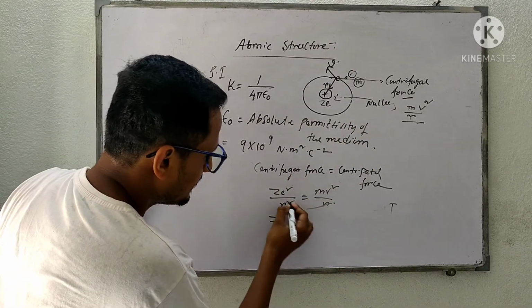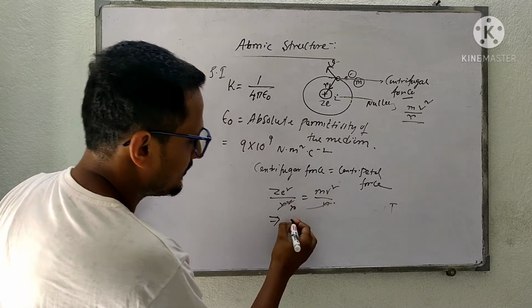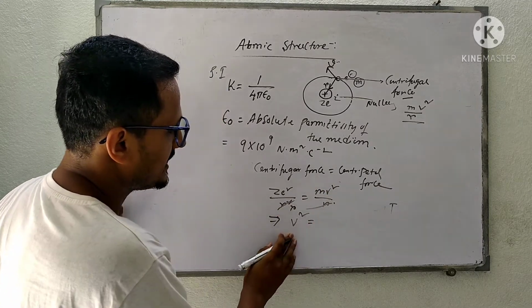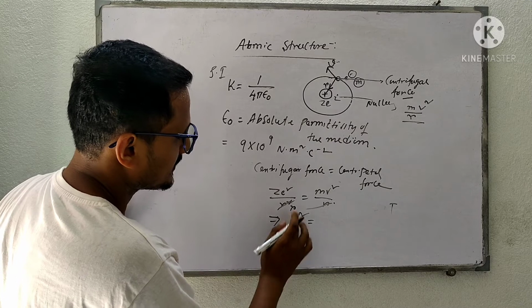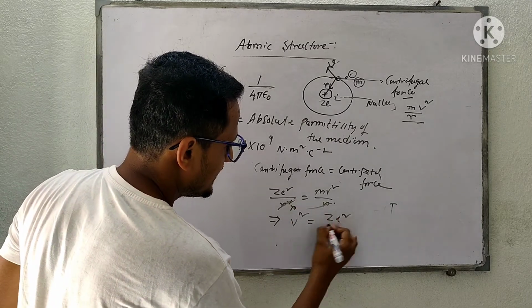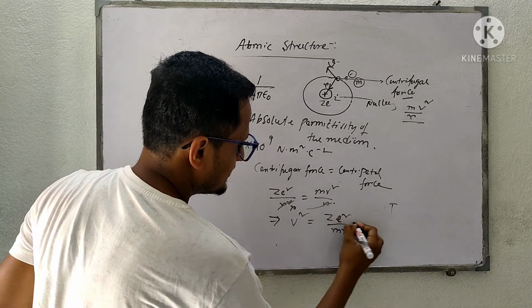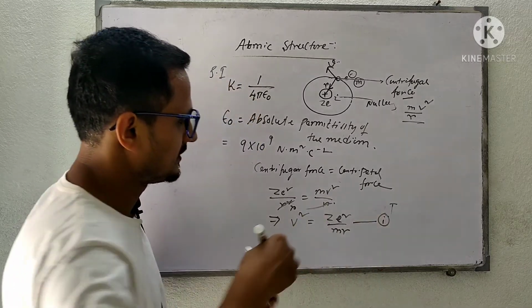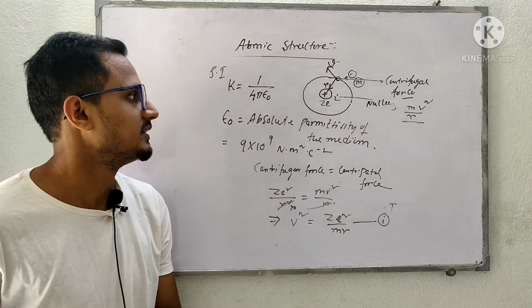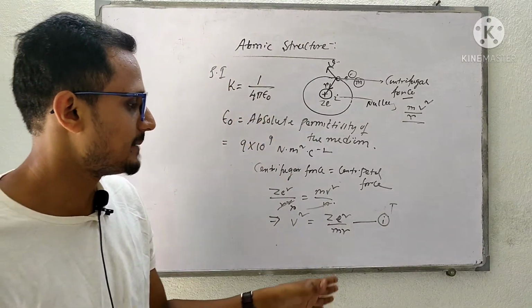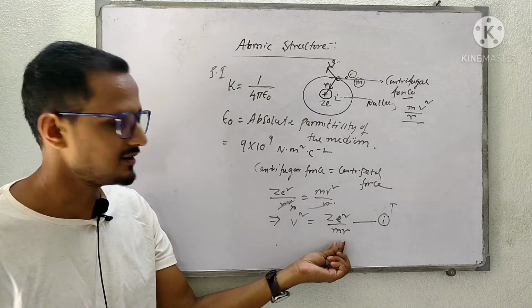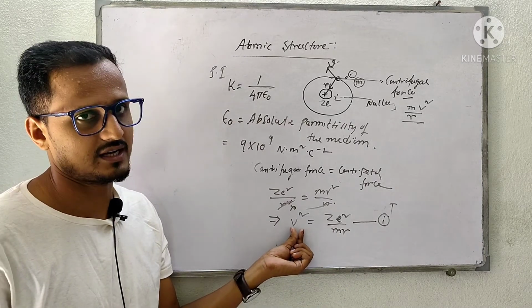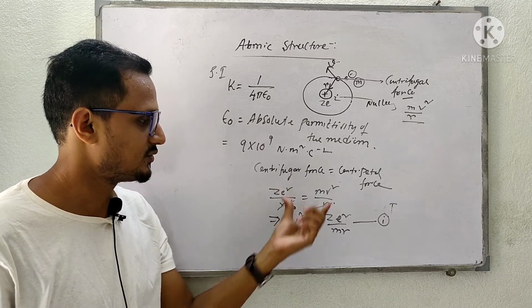First of all, we calculate the value of v square from here, and we get v square equals Z square by mr. Mark this as equation 1. We have calculated the v square from here by equating these two things.